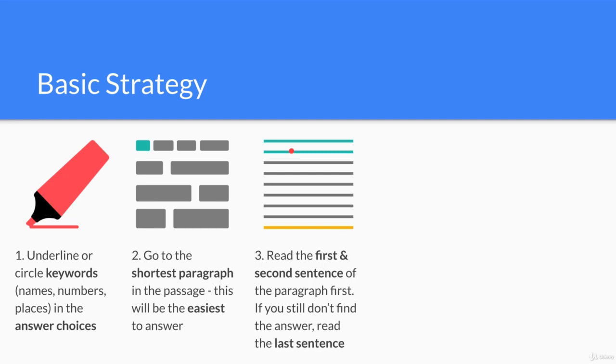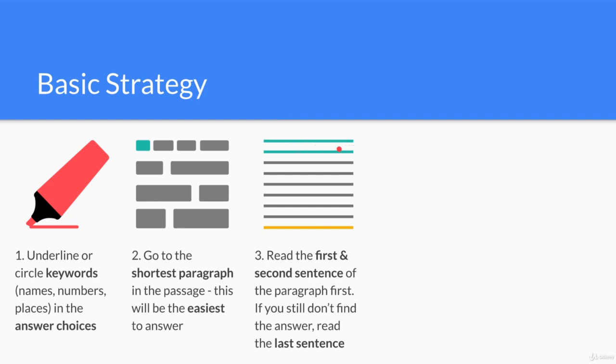You should first read the first two sentences. Those are the most important sentences. Read those first, and once you have a good understanding of what this paragraph is going to talk about, then try to find the answer. Try to see if that information matches up with any of your answer choices. If you find the answer after reading the first two sentences, great.